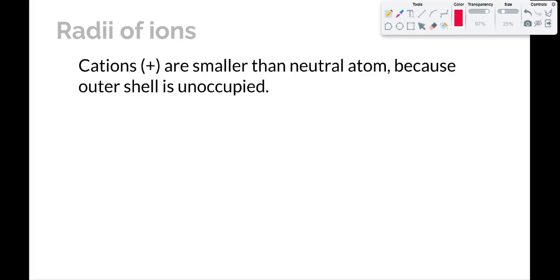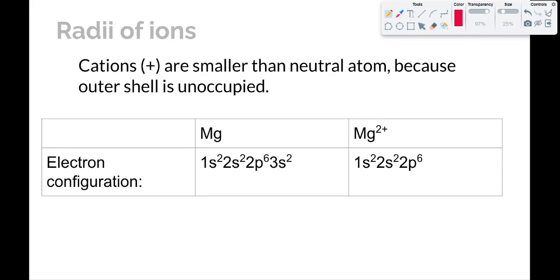Let's talk about the radii of ions, how large they are. Cations tend to be smaller than the neutral atom, because the outer shell is unoccupied. That means the new outer shell is an inner shell from before. Here's an example. Magnesium, we've already seen, is 1s2, 2s2, 2p6, 3s2. But as an ion, that third shell is completely missing.